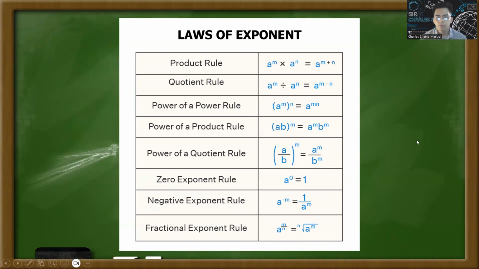Okay? So we will discuss the quotient rule and power of quotient rule when we discuss the division of polynomials. Okay? Para systematic yung discussion natin.